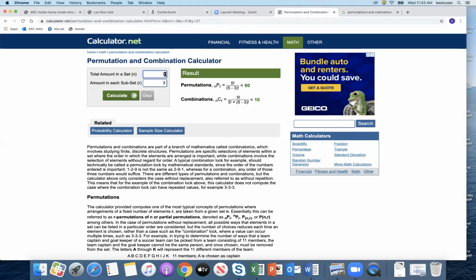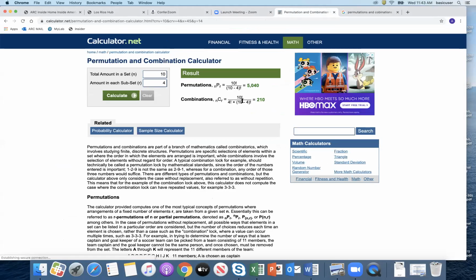So this was 10P4, and calculate, 5040, and we'll get to combinations in a minute. So you can use that as well. That one's pretty easy since you're doing everything on your computer anyway. Got your permutations and combinations calculator ready to go. Give it a try. All right, back to the handout.